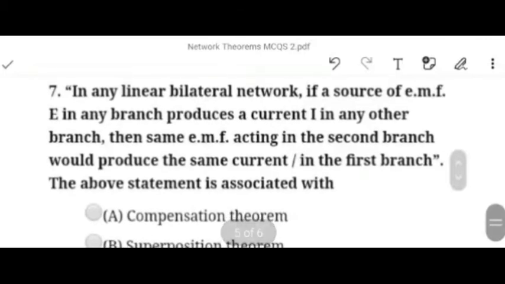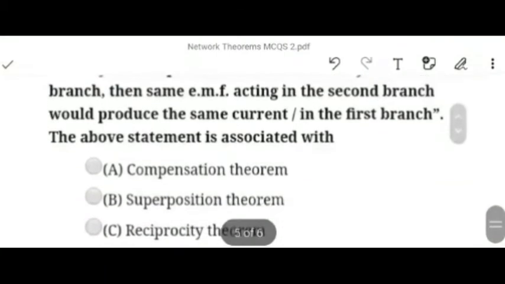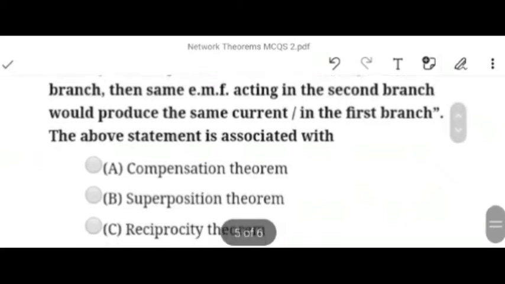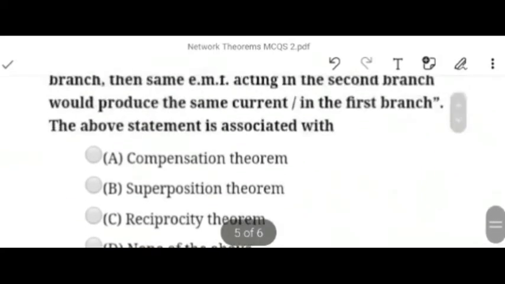Now in the seventh question, in any linear bilateral network, if a source of EMF E in any branch produces a current I in any other branch, then the same EMF acting in the second branch would produce the same current in the first branch. The above statement is associated with. The options are compensation theorem, superposition theorem, reciprocity theorem, and none of the above.